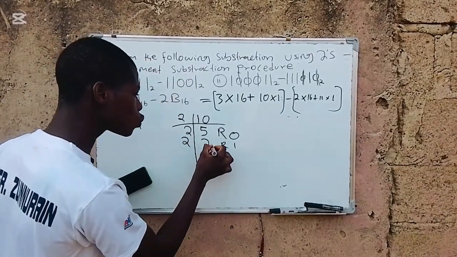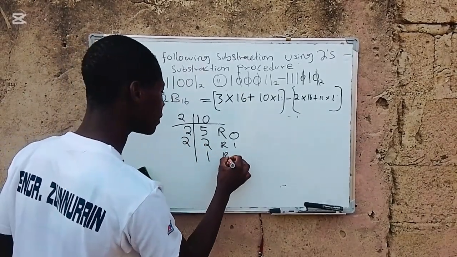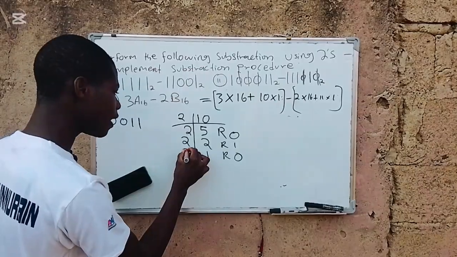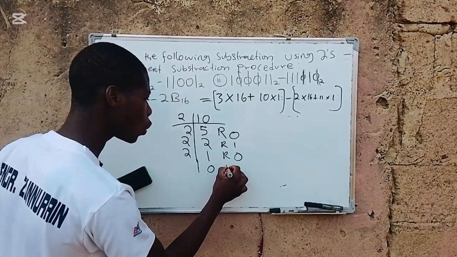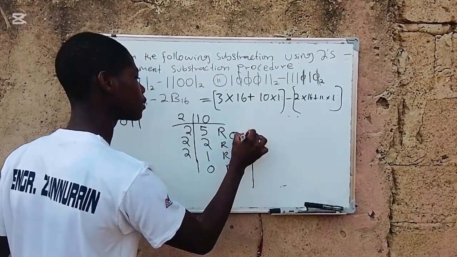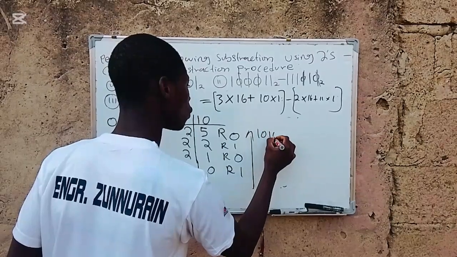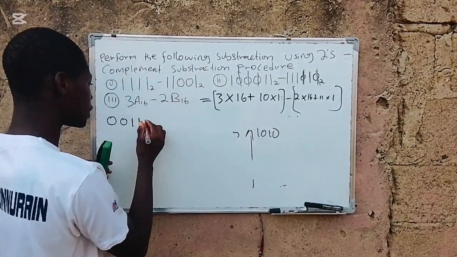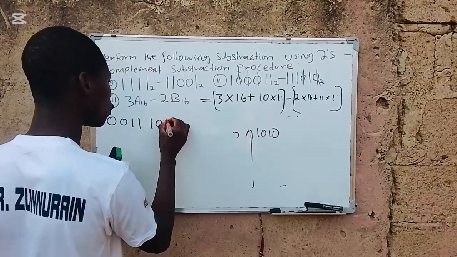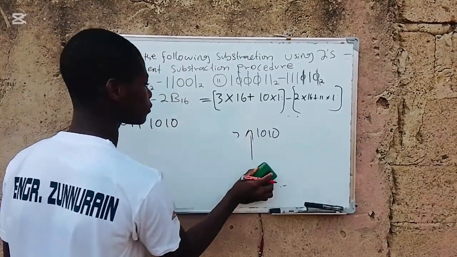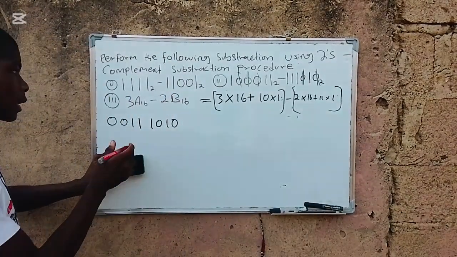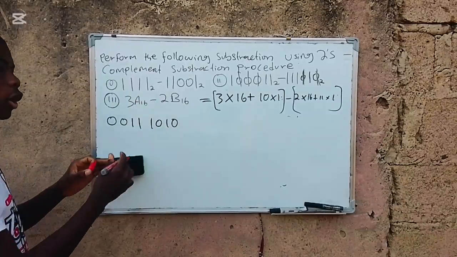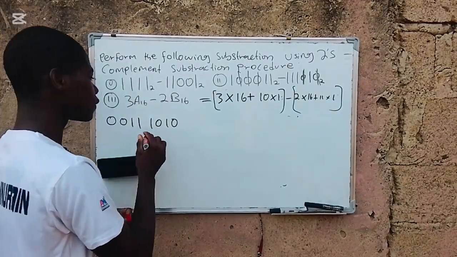And 2 into 2, I will have 1 with the remainder of 0. And 2 into 1, I'll have 0 with the remainder of 1. So therefore I have 1 0 1 0. As you can see, I make this decimal become binary.